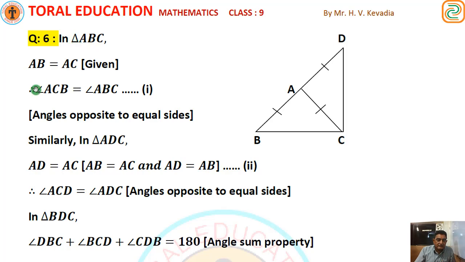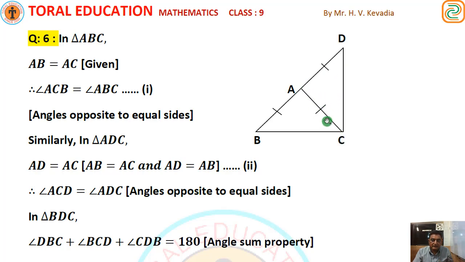In triangle ABC, AB equals AC given, right? Therefore, ACB equals ABC, opposite angles of equal sides. Similarly, look at triangle ADC, this triangle.